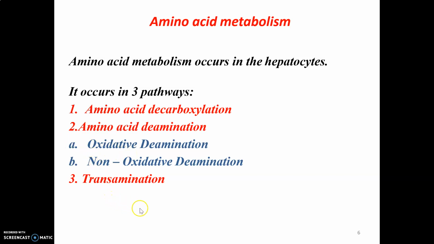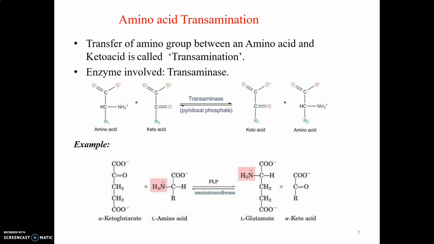So elimination of this amino group takes place through many ways. What you are actually doing is trying to eliminate an NH2 group from an amino acid, right? Now, amino acid metabolism starts with the process of transamination. So you should understand what is a transamination.